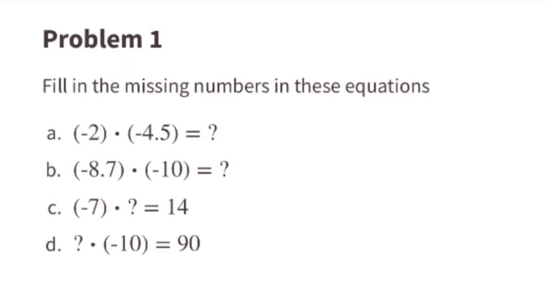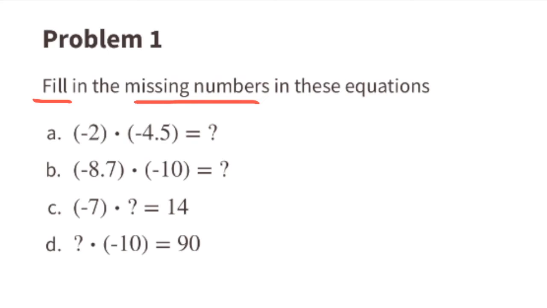7th grade Open Up Resources Illustrative Mathematics, Unit 5, Lesson 9, Multiplying Rational Numbers. Problem number 1. Fill in the missing numbers in these equations. A. Negative 2 times negative 4.5 equals, a negative times a negative equals a positive, and 2 times 4.5 is 9.